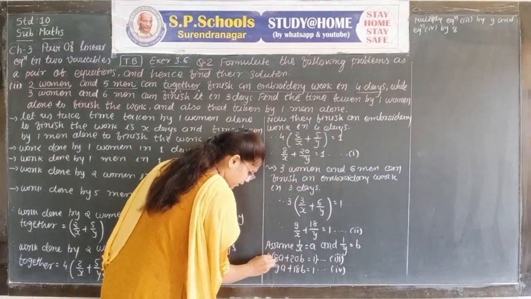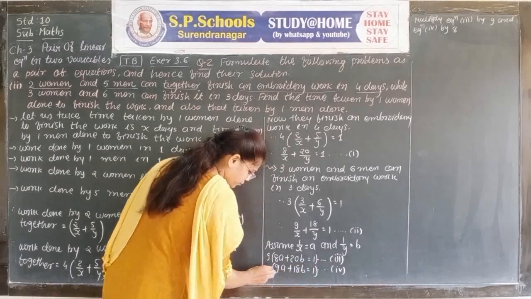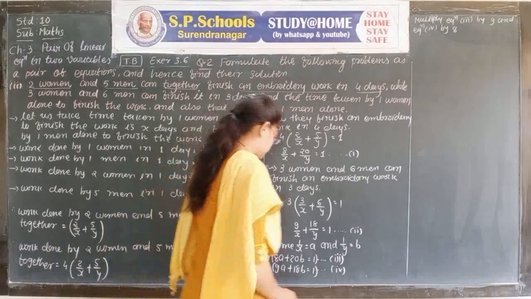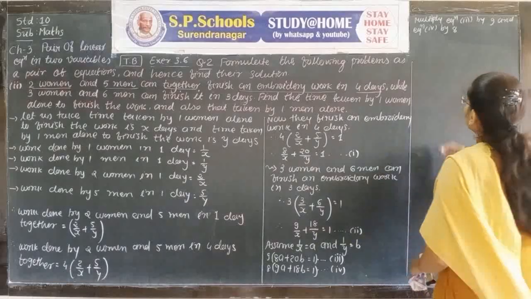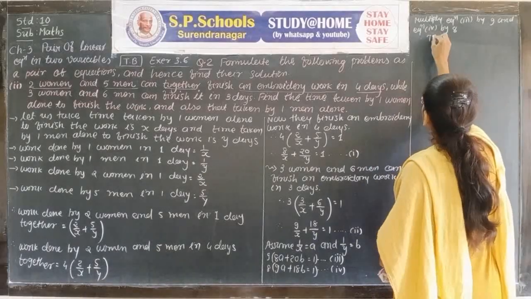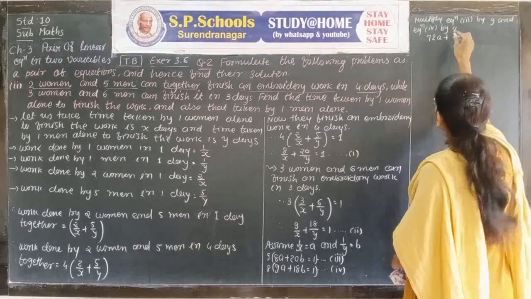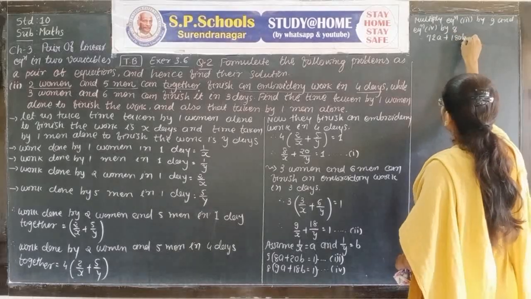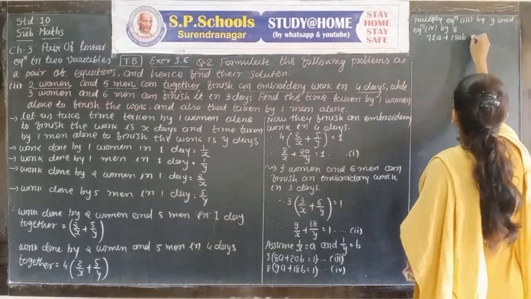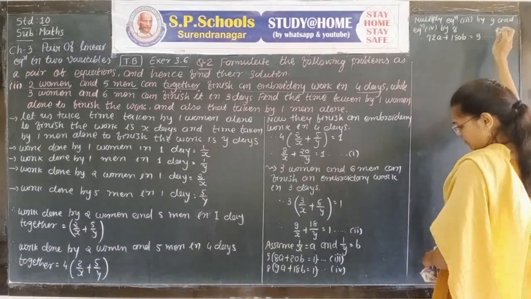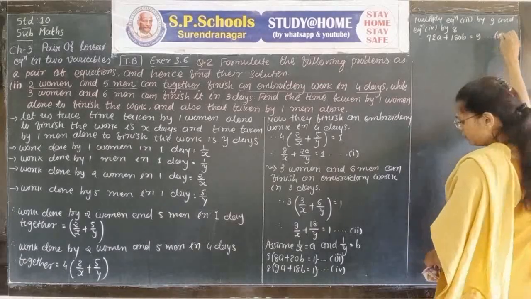Equation 3 by 9 gives 72a plus 180b is equal to 9, which is our 5th equation.